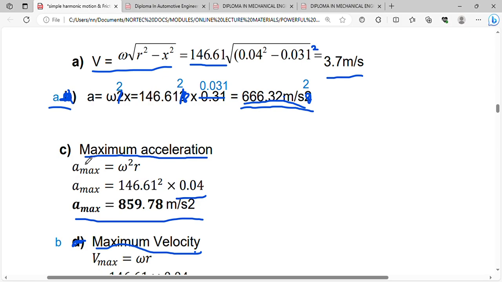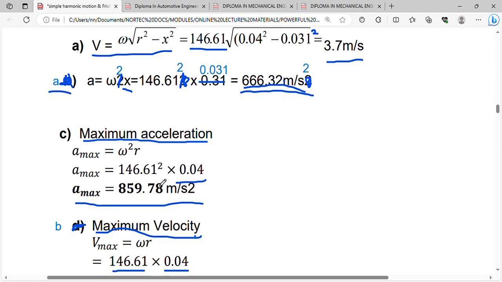With the maximum acceleration, where you have X, you substitute it with R there, and you just proceed with the same working, so it becomes W squared R. The R is 0.04, so you say 146.61 squared multiplied by 0.04. That is your maximum acceleration. The unit is meters per second squared.